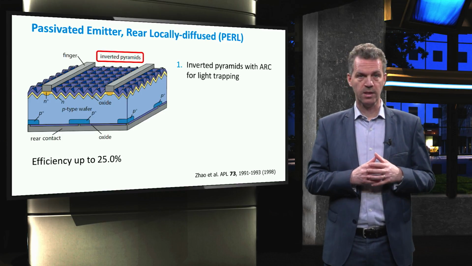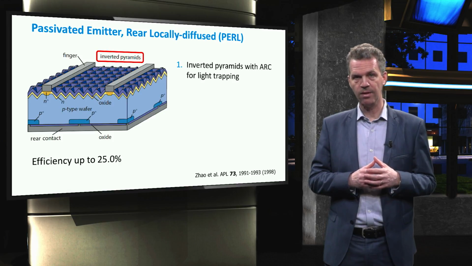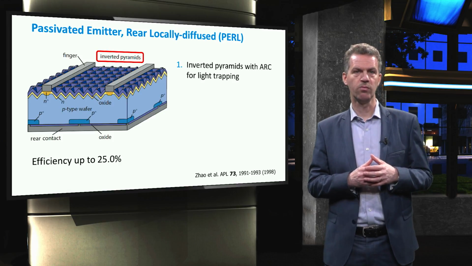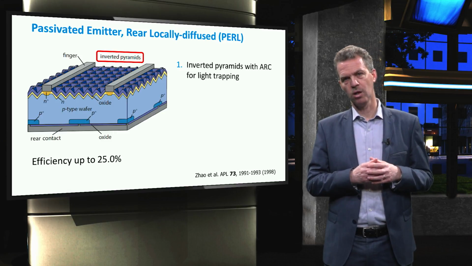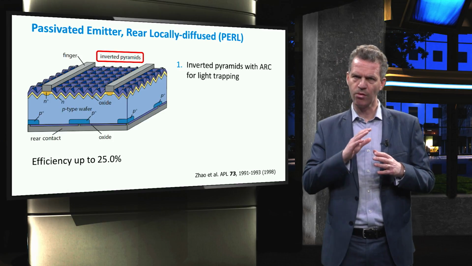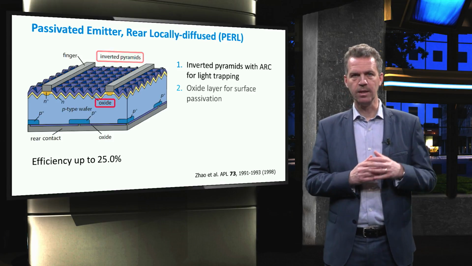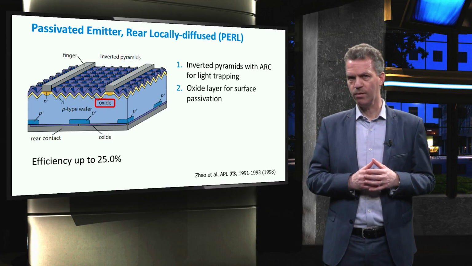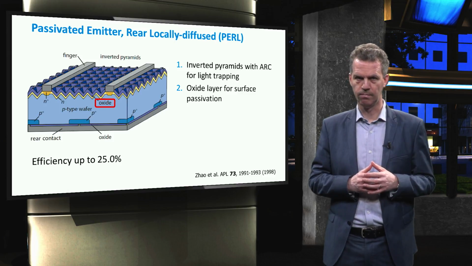The front surface is textured with inverted pyramids and coated with a double-layer anti-reflective coating to reduce reflection. Using 2 layers for anti-reflection coating allows to make the transition in the refractive index even smoother, reducing the reflection even more. Secondly, the surface of the P-type wafer is passivated with an oxide layer to reduce surface recombination.